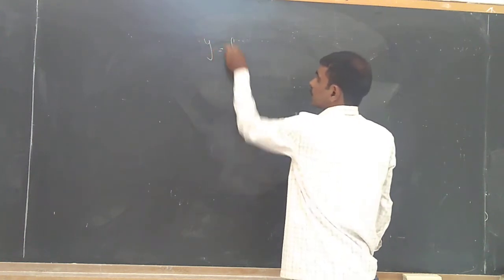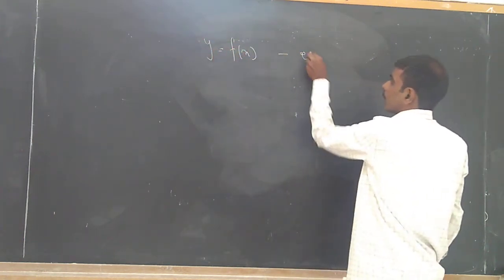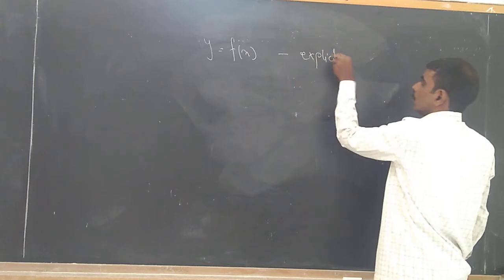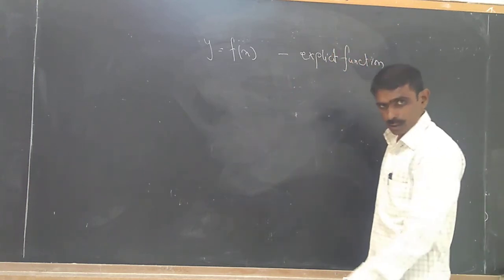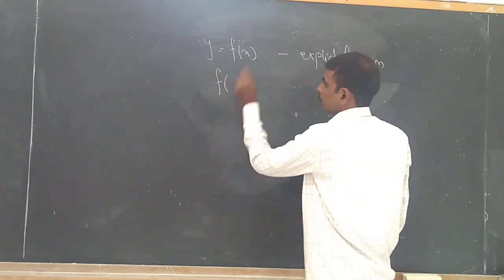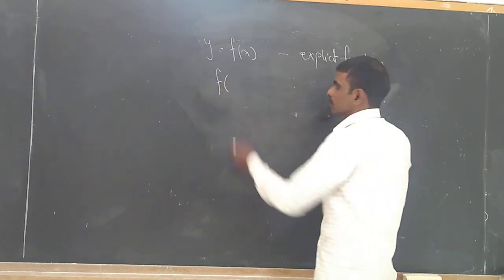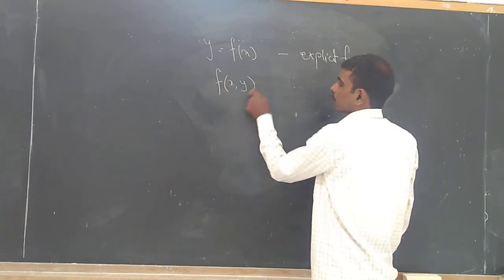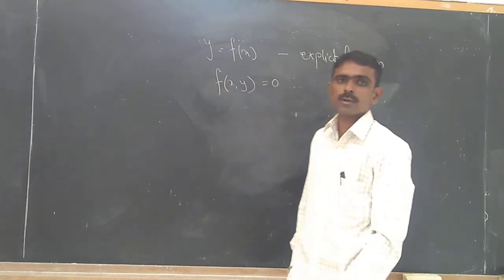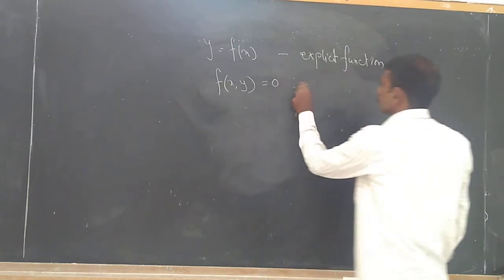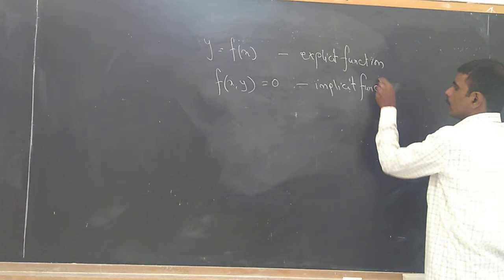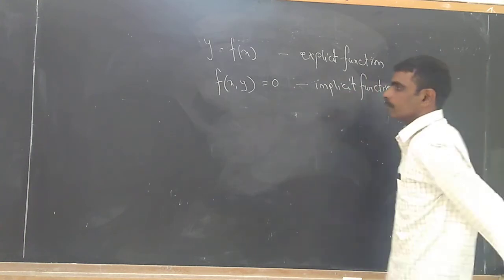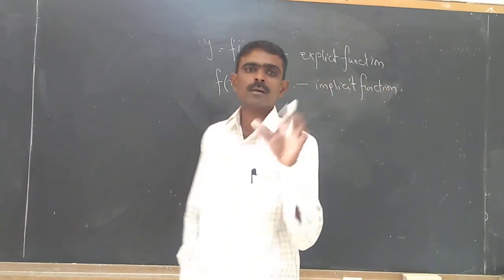Now remember, explicit functions in general are denoted by y is equals to f of x, while implicit functions in general, if they consist of two variables, are denoted by f of (x, y) is equals to 0. This is the way we write an implicit function in general terms.